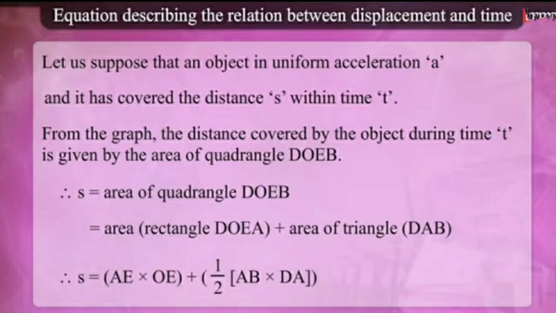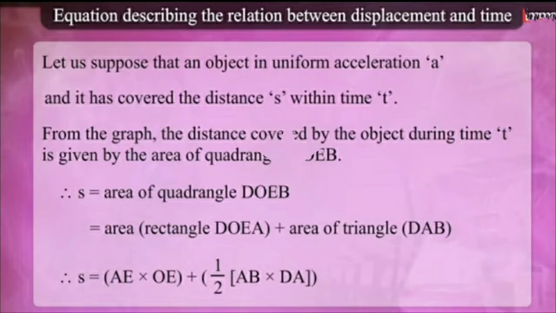So now let us substitute them. S is equal to AE into OE plus, what is the area of the triangle? 1 upon 2 into AB into DA, right?